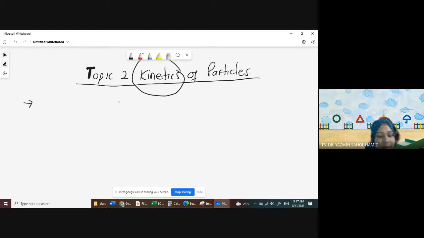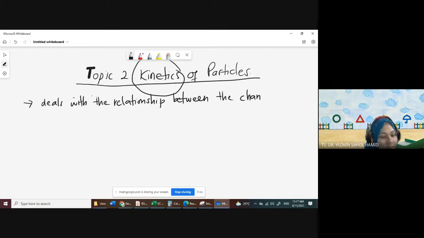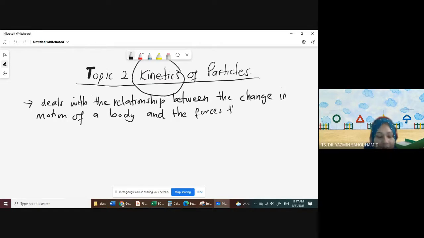So kinetics deals with the relationship between the change in motion of a body and the forces that cause this change. Okay, so that is for kinetics.